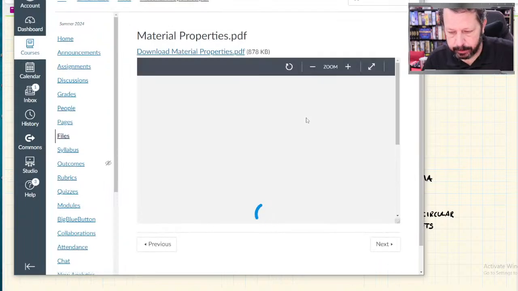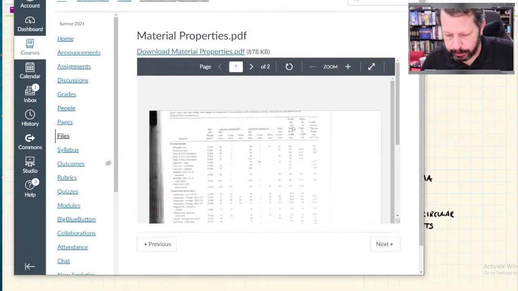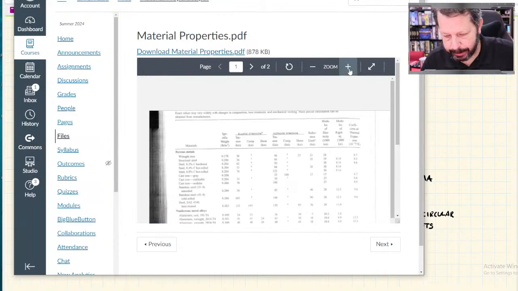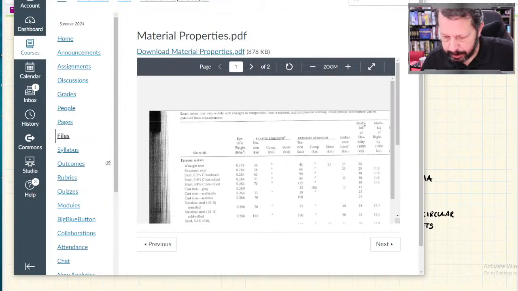If we look right next to the modulus of elasticity, the very next column is modulus of rigidity, which is G. You might even want to label E for elasticity and G for rigidity. It does have a G in it, but it's not R. R is a different thing. So it's in the charts.